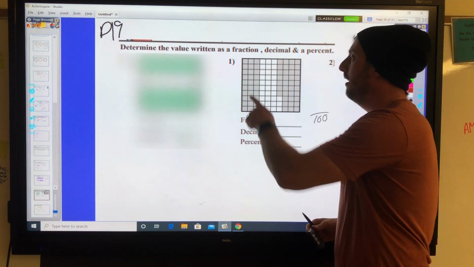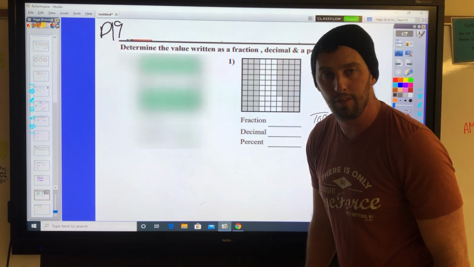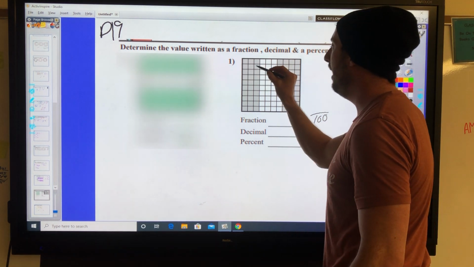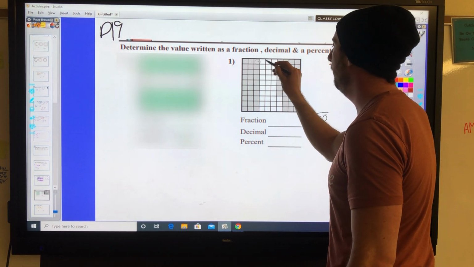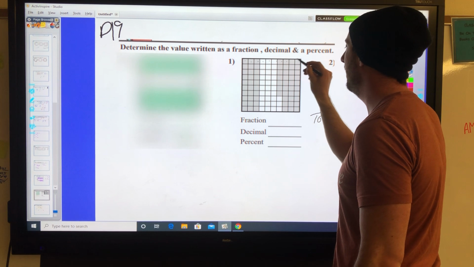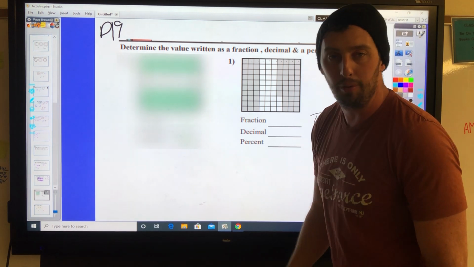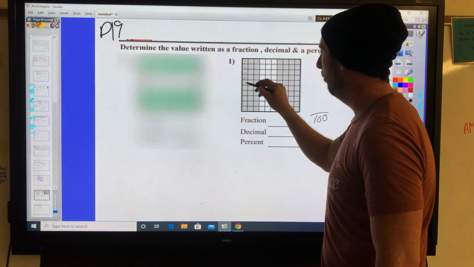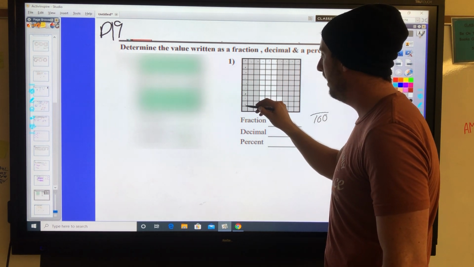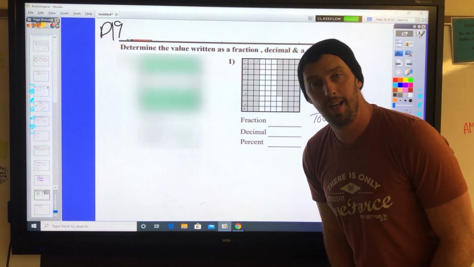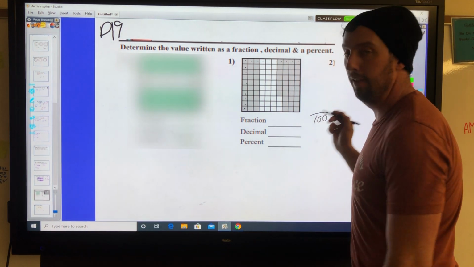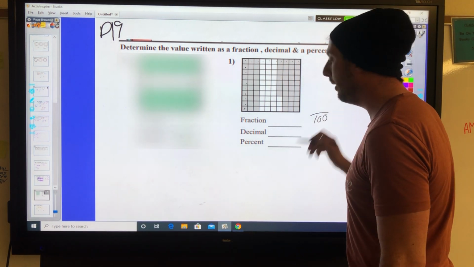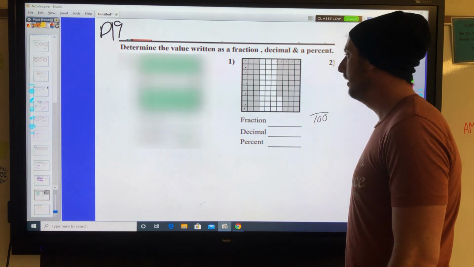You can count literally every single box, or you can count a top line, 1, 2, 3, 4, 5, 6, 7, 8, 9, 10. And then you can also count a row. 1, 2, 3, 4, 5, 6, 7, 8, 9, 10. I know that 10 times 10 is 100. So that's where I get the bottom of my fraction.